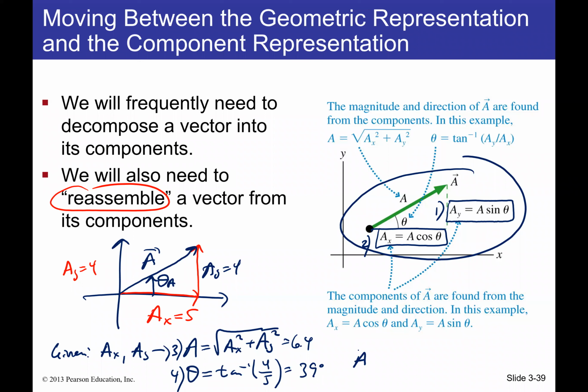Then you can say, here's my vector A in terms of its magnitude and direction. So for 1 and 2, you are given A and theta A, and use them to find components. For equations 3 and 4, you are given the components and use them to reassemble your parent vector. That means you can go back and forth depending on what's given and what you need to find.